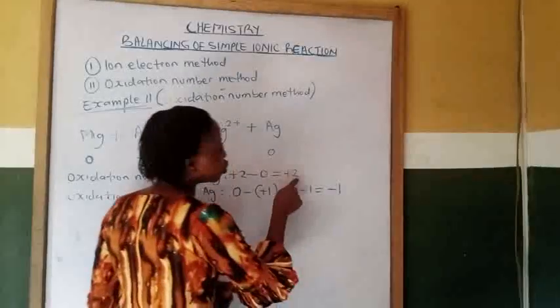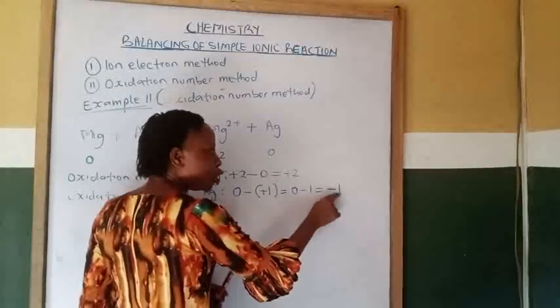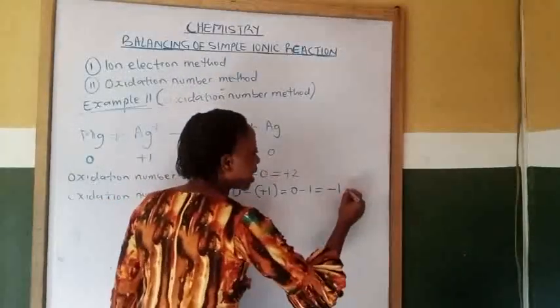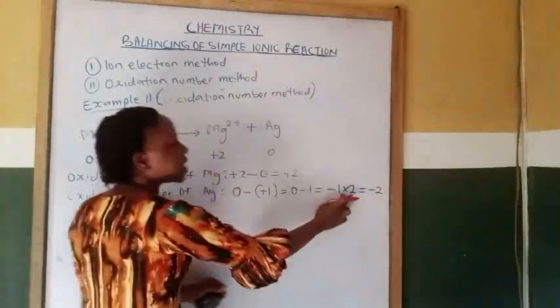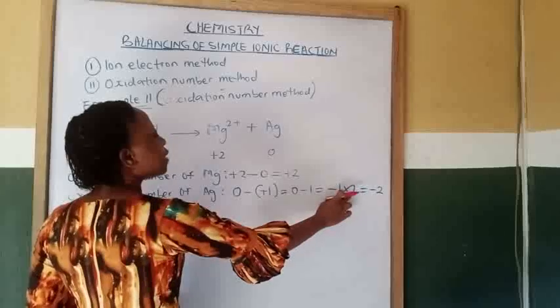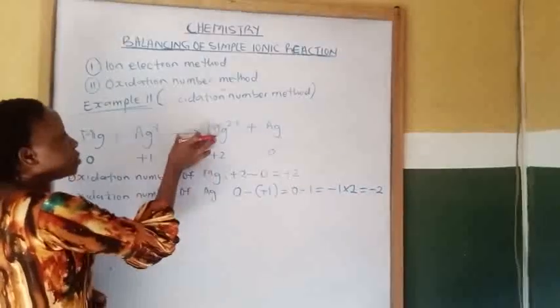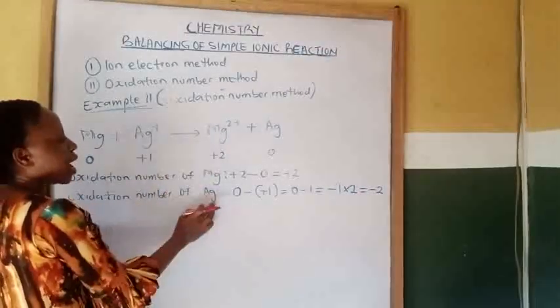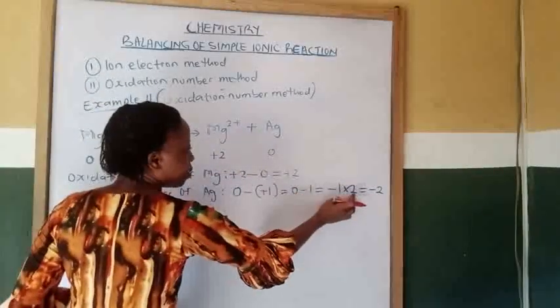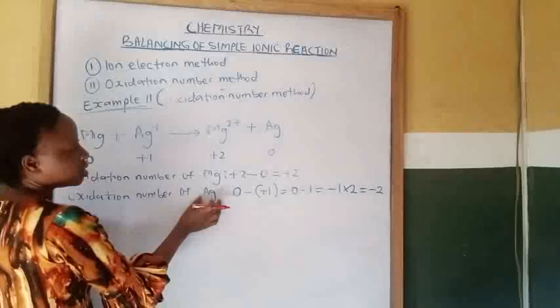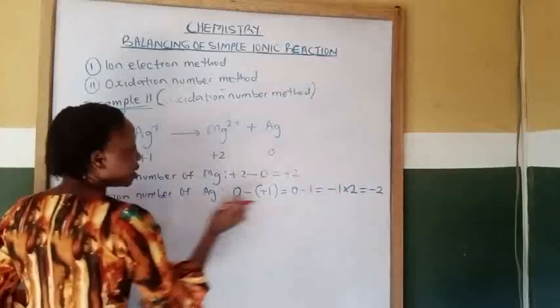Now, therefore, this one is 2. This one must also be equal to 2. I will multiply this one by 2, which is equal to minus 2. So since I've multiplied this by 2, I have to multiply my silver from this chemical reaction. I have to multiply Ag from this reaction by 2. I multiplied the number of electron gain by 2.